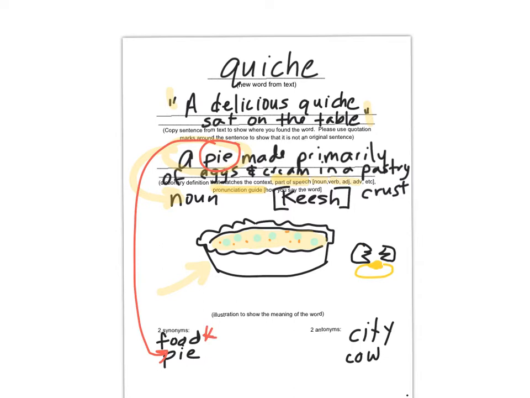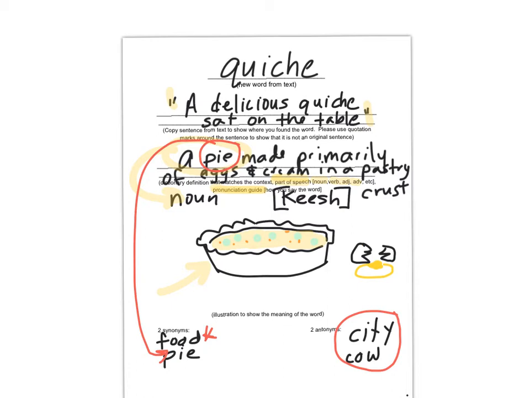So you're probably not going to find a quiche in a thesaurus because it's a very specific noun. So here's where the problem is. This student said antonyms of quiche would be city and cow. Those have nothing to do with food. So we want to think about words that are not quiche, but are still in the right food family.